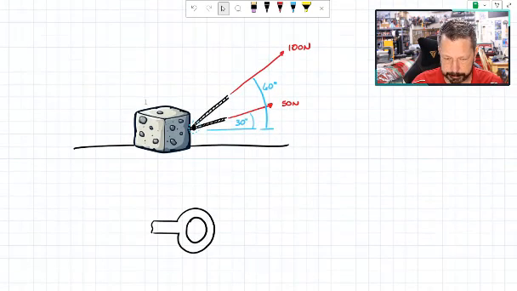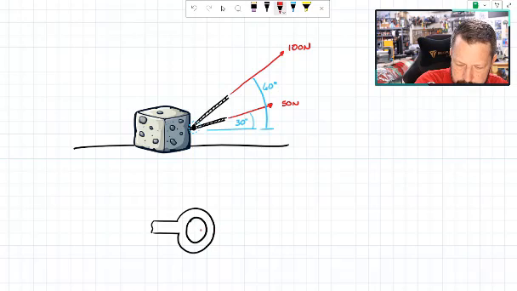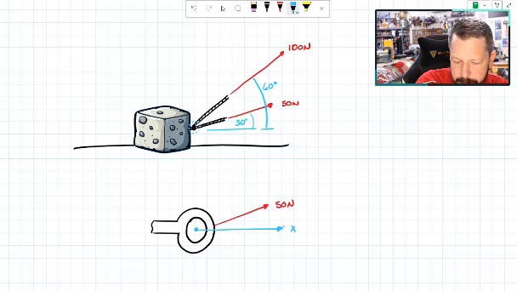Represent these, all right? So I'm going to put one force right there: 50 newtons at 30 degrees. Let's go ahead and put our coordinate system. See, sometimes it's better to put your coordinate system in early than saving it to the end.